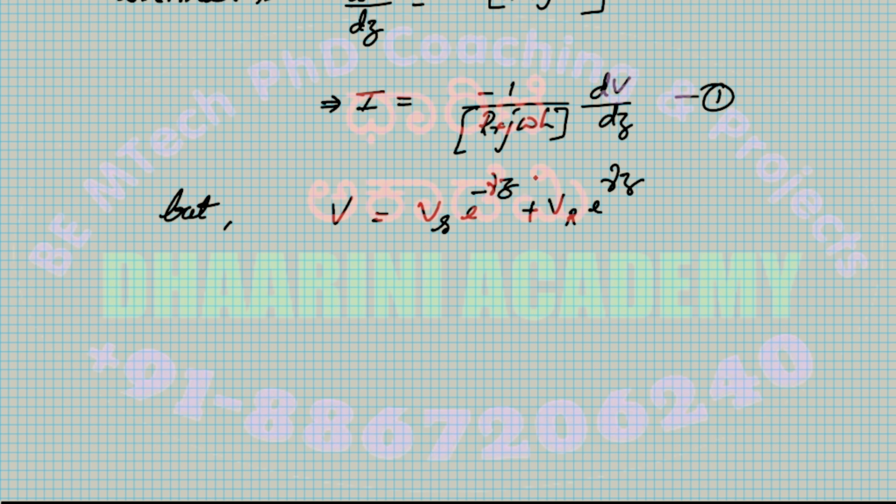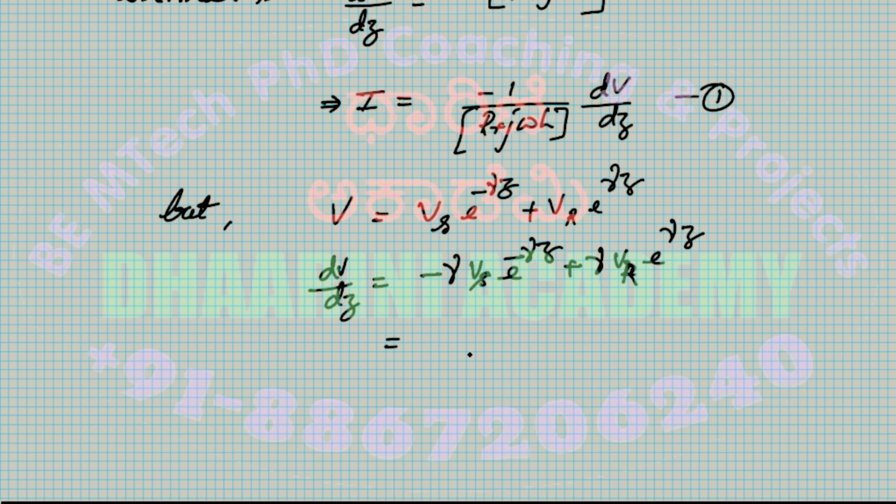So differentiate, right? I need dV by dz. So that has to be minus gamma into Vs, which is a constant, so minus gamma Vs e to the minus gamma z, plus there is one more gamma coming down into Vr, Vr into e to the power gamma z.